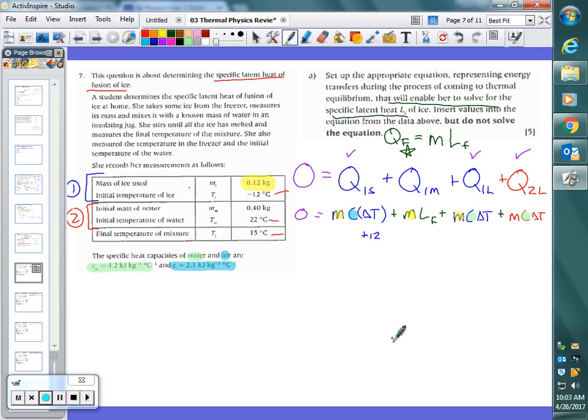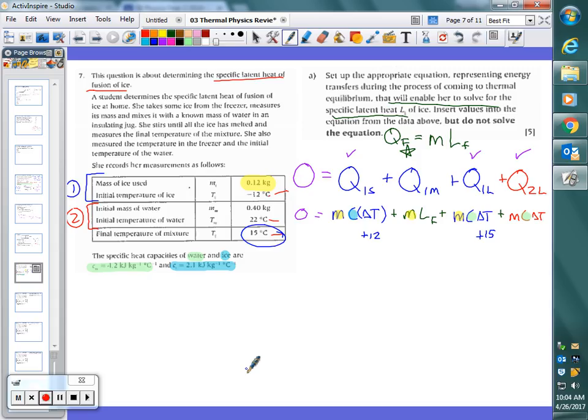That one's positive 12, right? This delta T is positive 15. You okay with that flow?